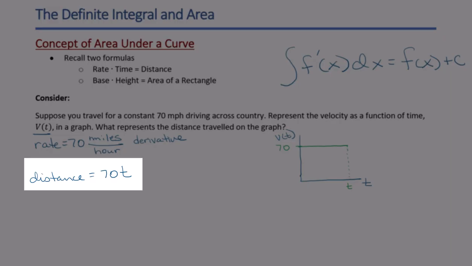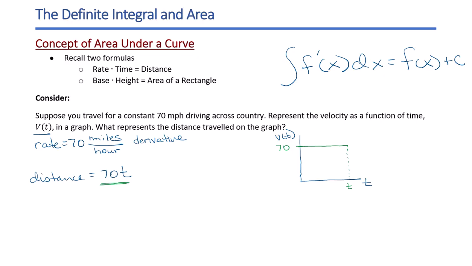Well, notice over here on the left, we figured out that the distance would be 70 times t. Well, whatever our t is, if we multiply 70 times t, that is also the area of that rectangle. Because we have a base here of t, and we have a height here of 70.